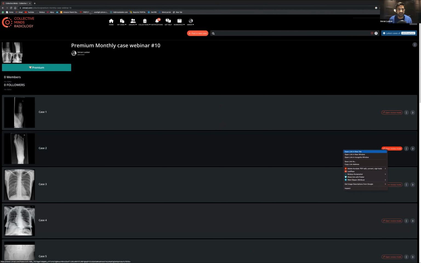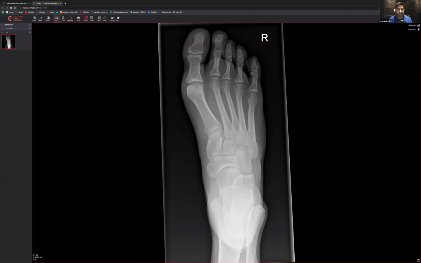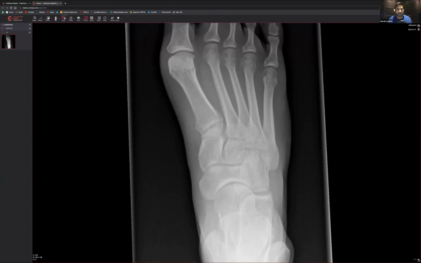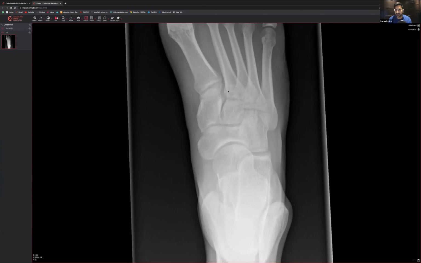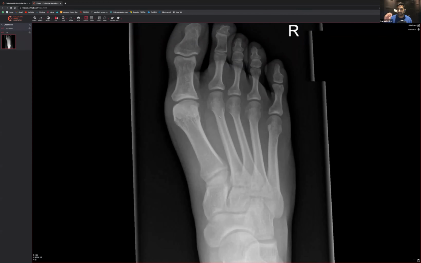So this was the foot, and this person has come in with foot pain. Generally speaking, for people who have kept up with me from the beginning of these webinars, I always trace around all the bones. That's the first thing. But after a while, there are very high yield areas when you're looking at fractures, especially of the foot.